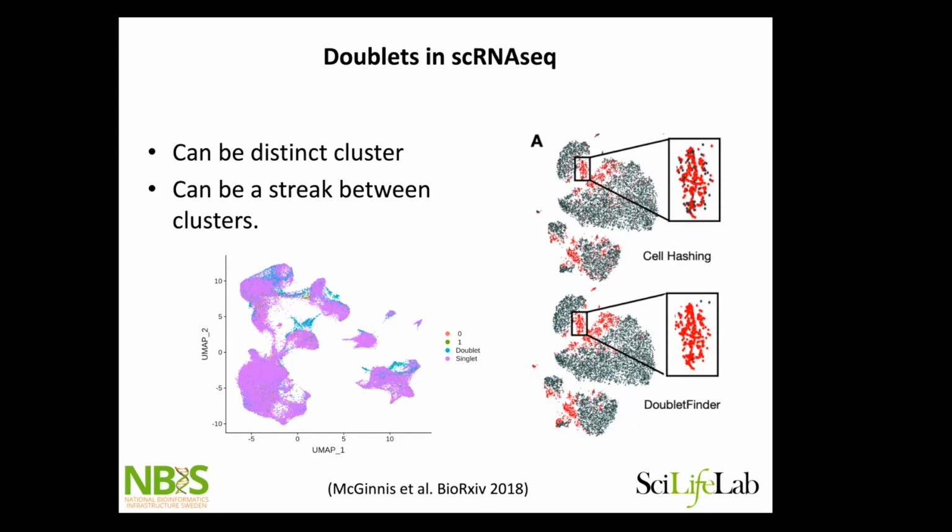So there's not one straight answer, unfortunately. But I think it's good to run one of these, do the predictions, then you can decide if you want to remove them or not, or you keep them in, but still keep in mind that if you get a cluster with only predicted doublets, you need to be cautious about it.